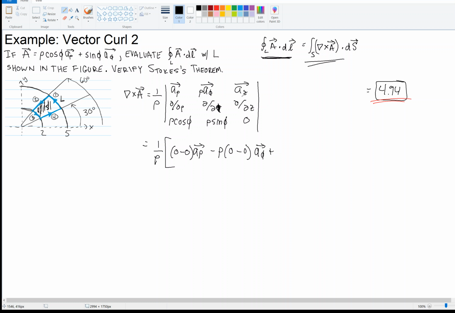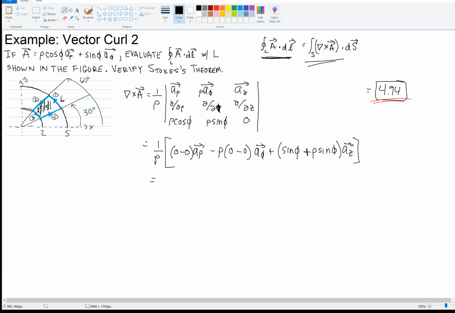Plus, then we have the partial on rho of rho sine phi. So we pick up a sine phi there. And then minus the partial on phi of rho cosine phi. So we pick up a plus. That makes that a plus rho sine phi in the z direction. So that's good.